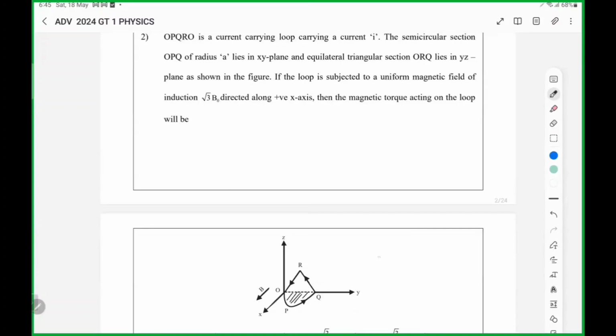So once a current carrying loop is placed in a magnetic field, it experiences a torque.